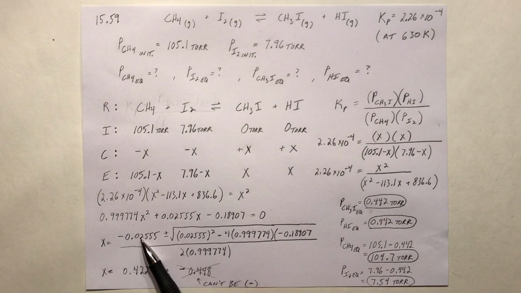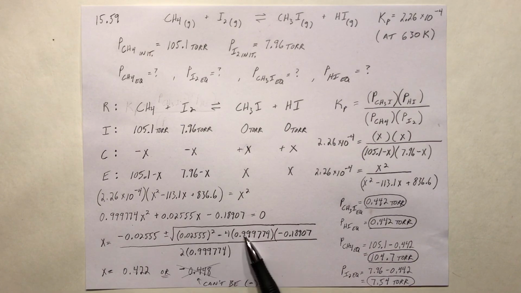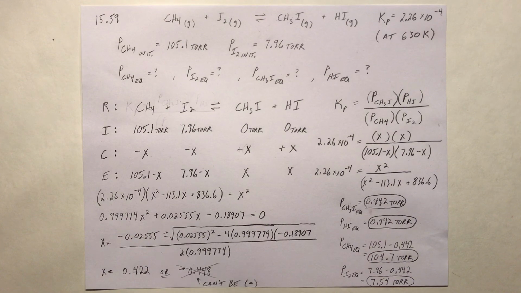So again, negative b plus or minus the square root of b squared minus 4ac. We're going to divide that by 2 times this a value, so divided by 2a. When you solve for that, you get 0.442, or you get negative 0.448.